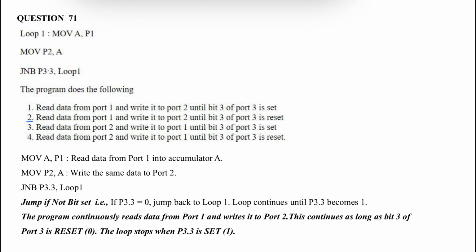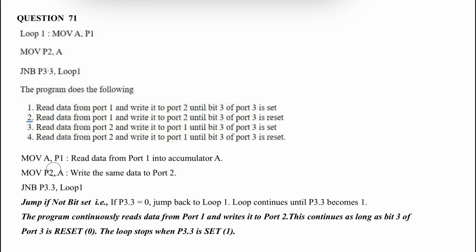Question number 71. Loop 1: the first instruction is MOV A, P1. The second instruction is MOV P2, A. The third instruction is JNB P3.3, loop 1. The program does the following. What is the output of the program?